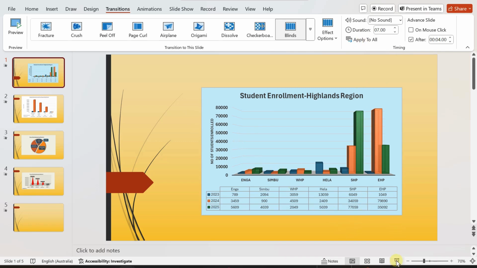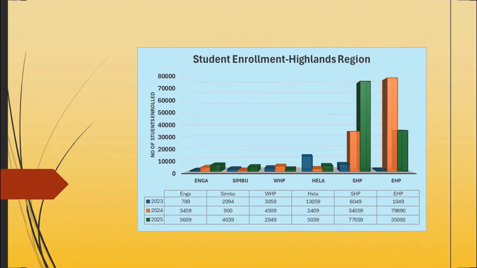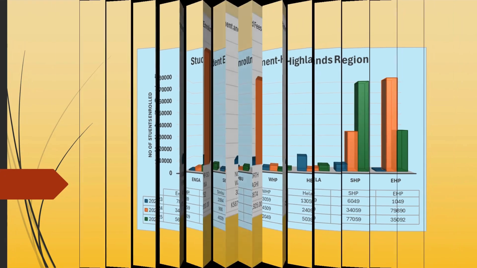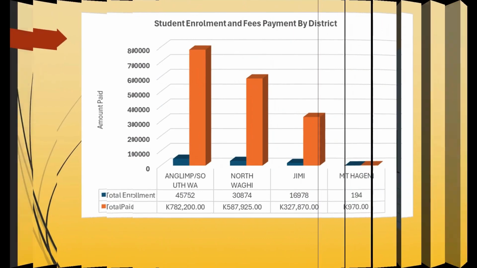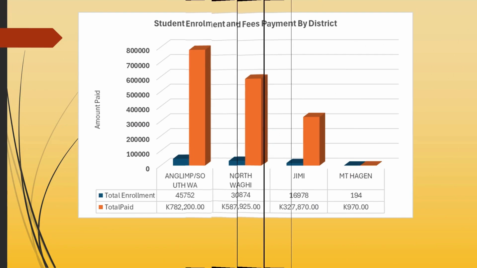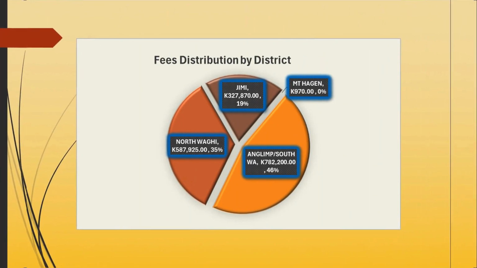So I'll go to the slide show button here. I press, and then there it is. So now I'm not pressing my mouse. So first slide is now appearing, and then after 4 seconds the next slide is appearing. We wait for another 4 seconds, and then the next slide appears, and it will continue in that transition.